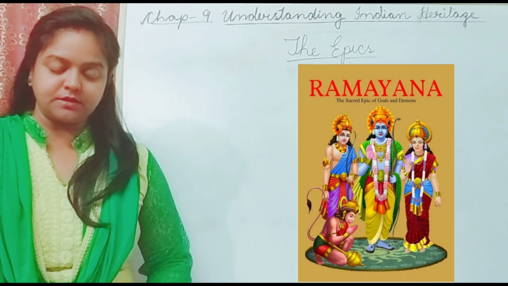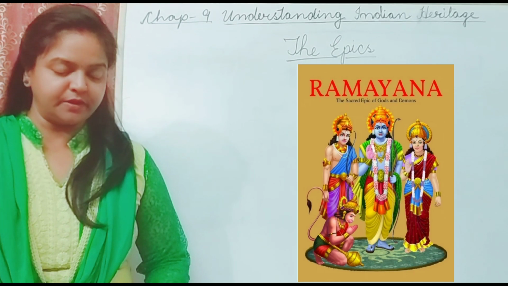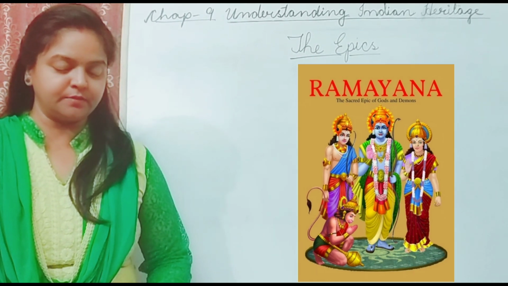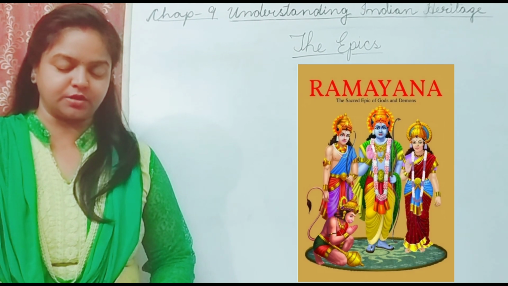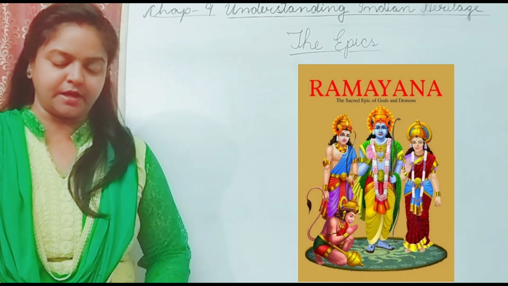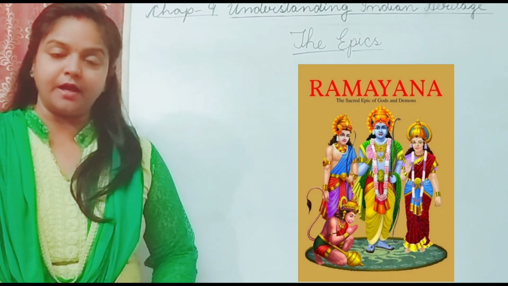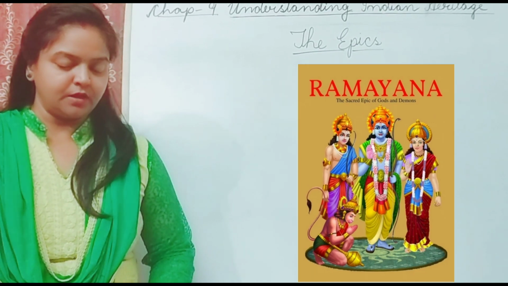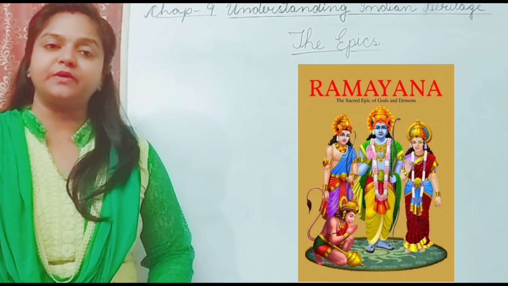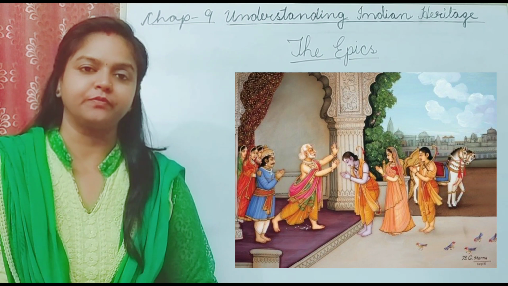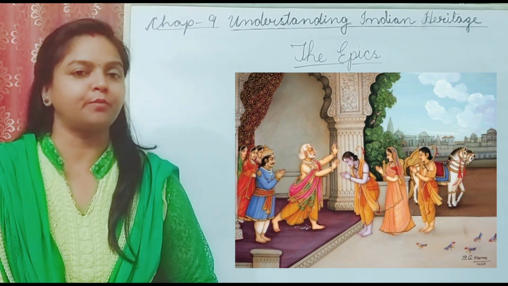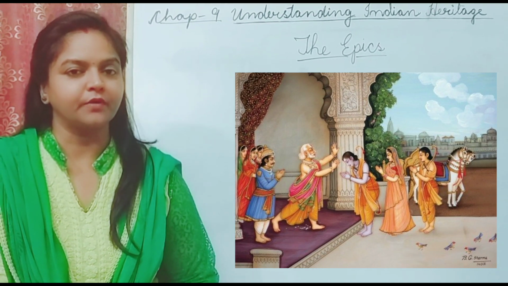The Ramayana describes Rama, the prince of Koshala kingdom, his banishment from the kingdom by his father Dashratha, his travels across forests in India with his wife Sita and brother Lakshman. You might have heard, children, that Ayodhya is the birthplace of Lord Rama.